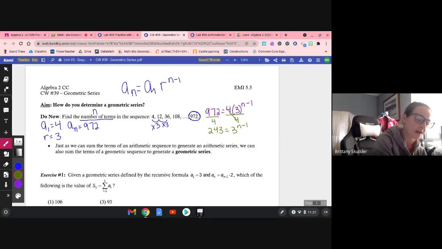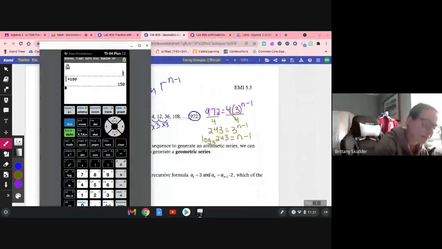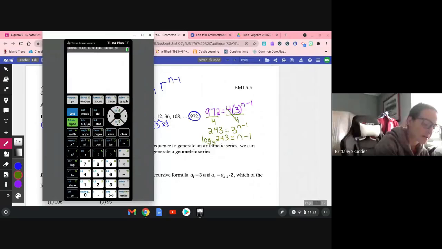So if we were to write this in log form, we would have log base 3 of 243 equals n minus 1. So in your calculator, I'll bring my calculator over here. You're going to go, remember, to alpha window, number 5, log base 3 of 243.